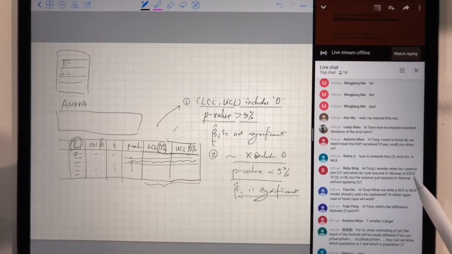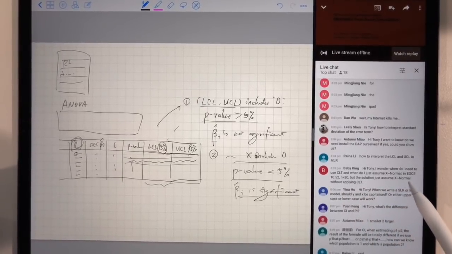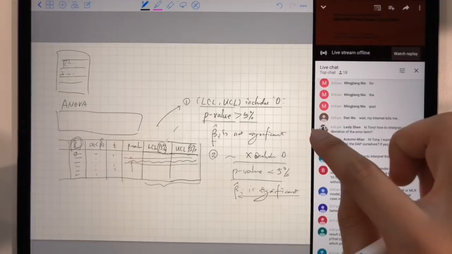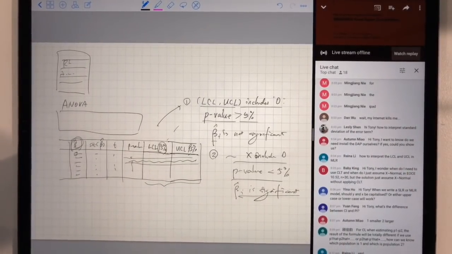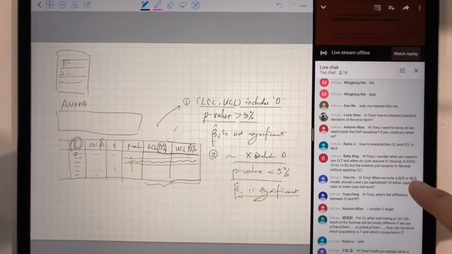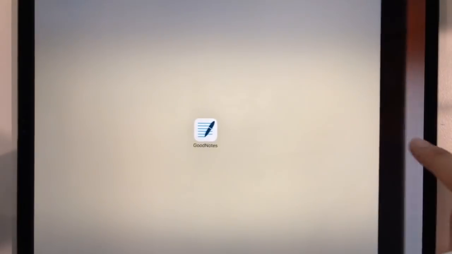In end of chapter exercise 10.52 with n greater than 30, the solution just assumes X follows normal without applying CLT. Oh, that is a pretty good question. I think you are talking about another story, I guess.